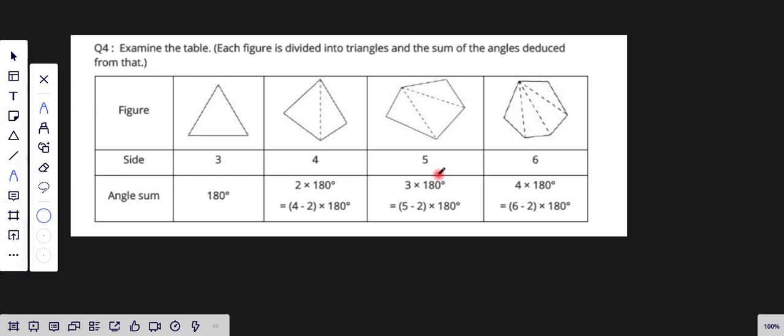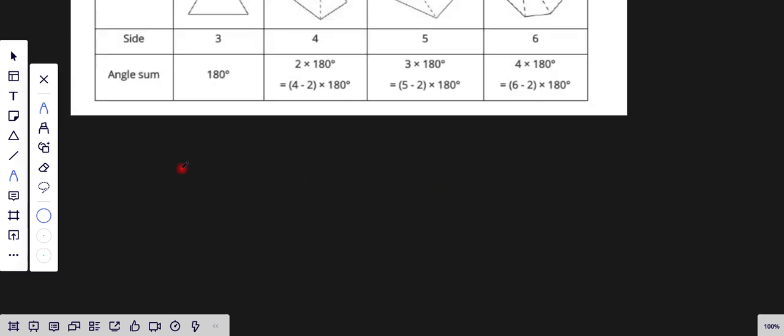Okay. Now I'll explain question number 4. Examine the table. Each figure is divided into triangles and the sum of angles is deduced from that. So there's a basic formula for finding the number of sides or angles. The basic concept is here. Sum of all exterior angles is equal to 360 degrees.